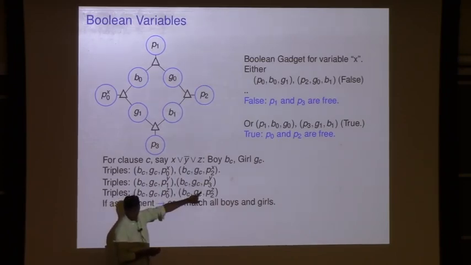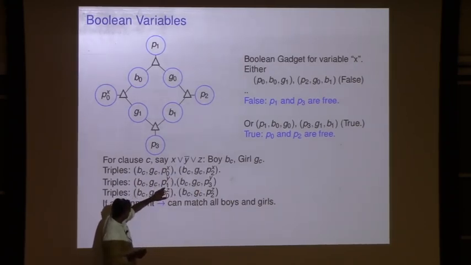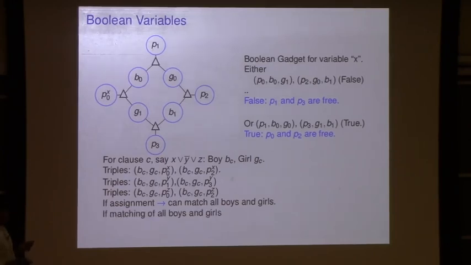For example, if the Y gadget is set to false, I know the odd pets are free. They're not matched, so I can use them to match this boy and girl, and they are now happy. So every clause has a pet. Now, if there's a matching of all boys and girls, there's an assignment, and it's the same argument.